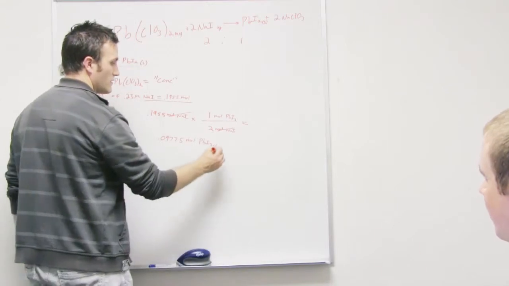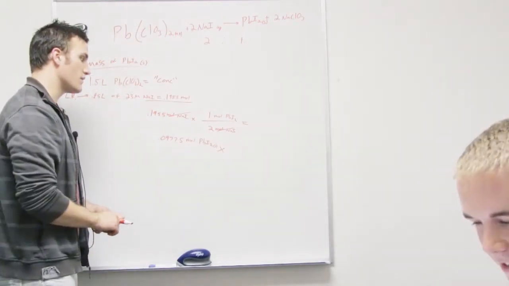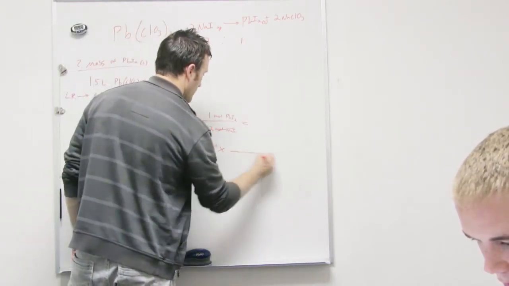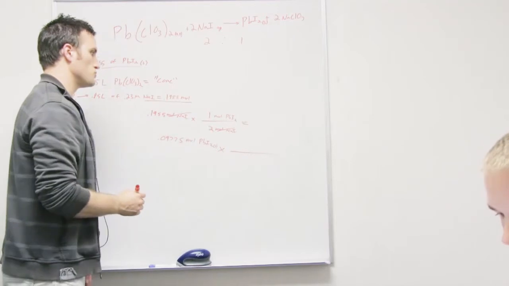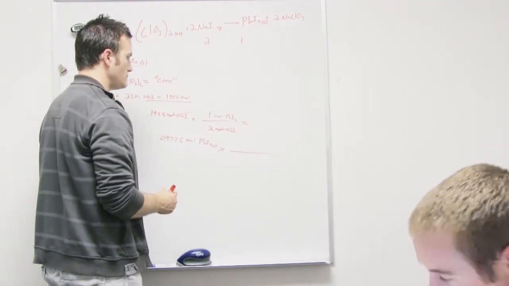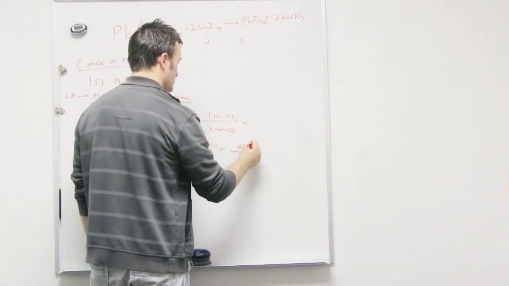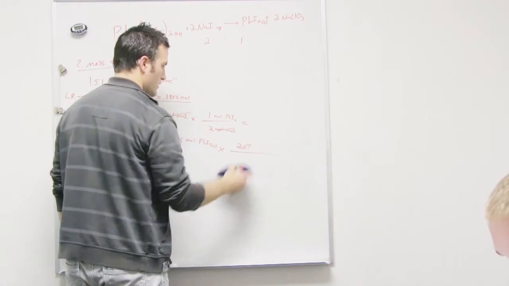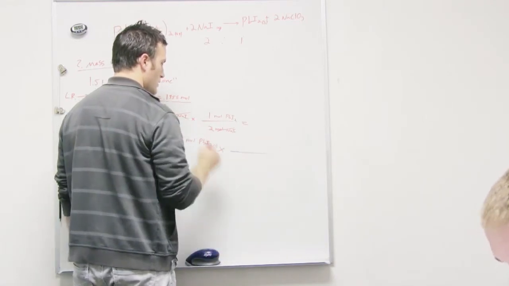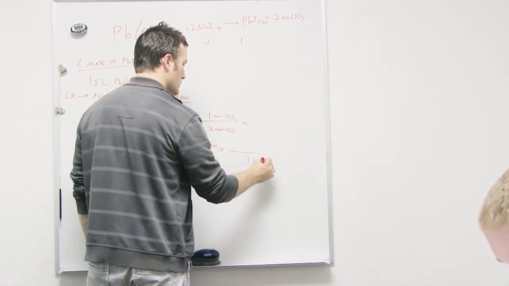All right, so the atomic mass of lead is 207.2, and iodine is 126.